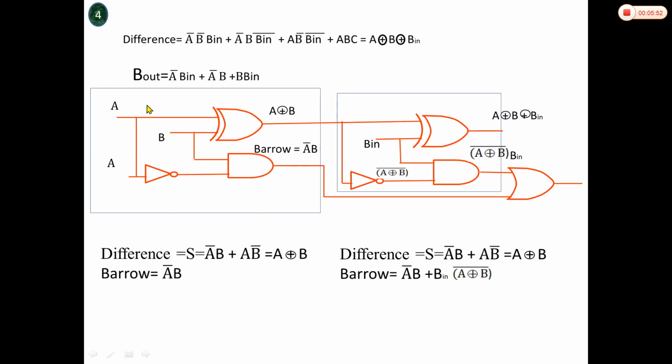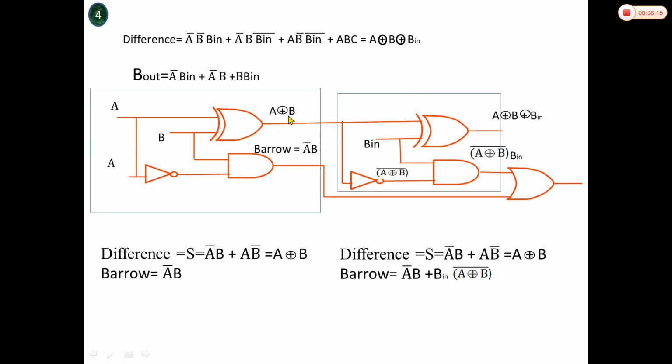This is the one half subtractor, that is the outputs are A exclusive OR B and borrow equal to A bar B. That is the difference of the half subtractor and borrow for the half subtractor. Here for full subtractor we got difference equal to A exclusive OR B exclusive OR B in.